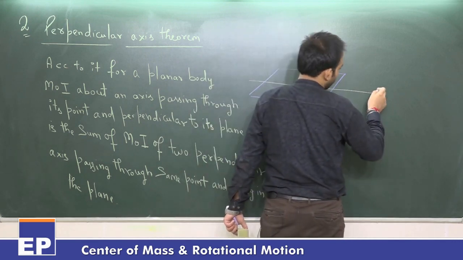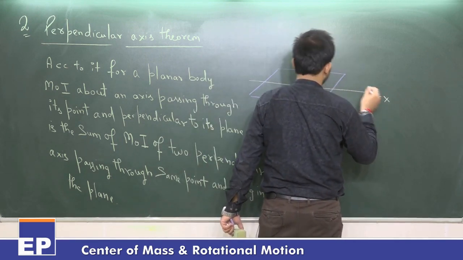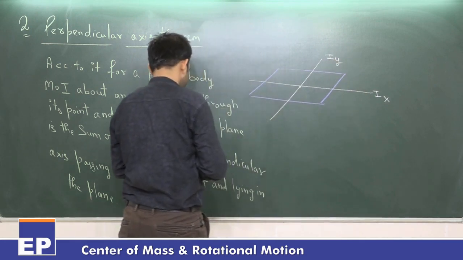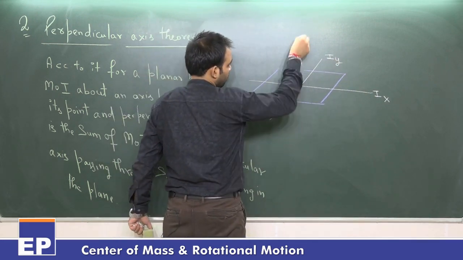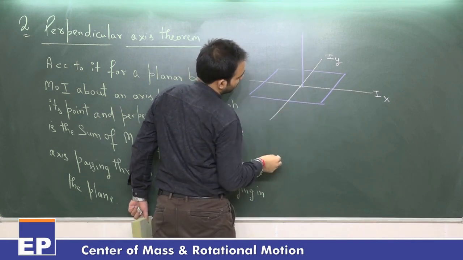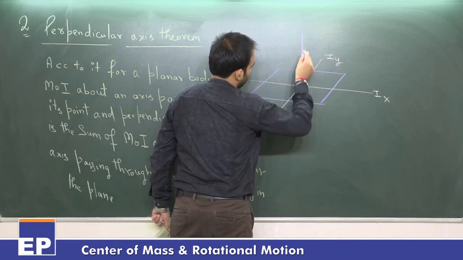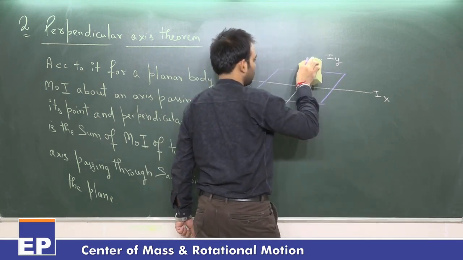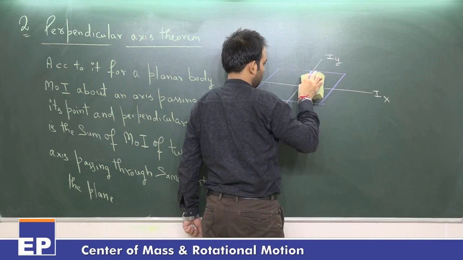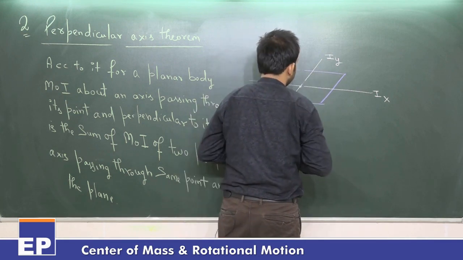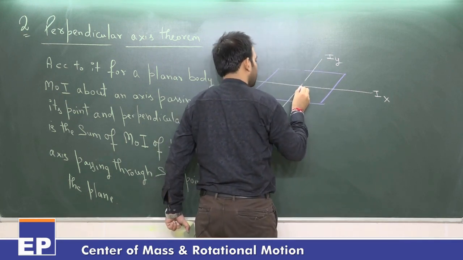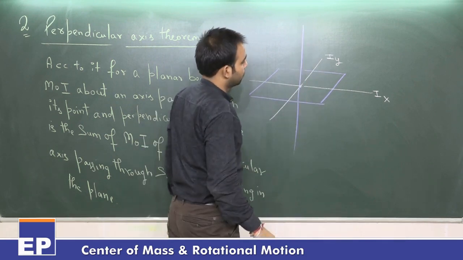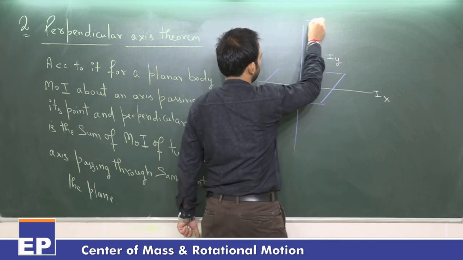Let's suppose this is the axis x, this is the moment of inertia about it Ix, and about this it is Iy, and this is the axis which is perpendicular to the plane of the body. This is Iz.